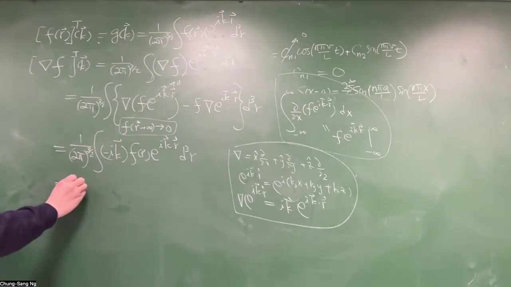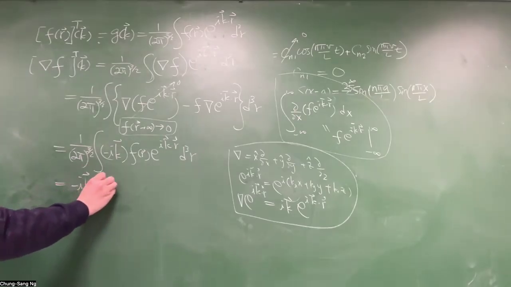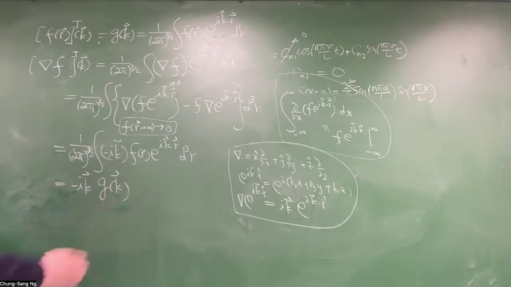So you can just write minus i k and g. Okay, so that's equation 20.52. That's how you get it.